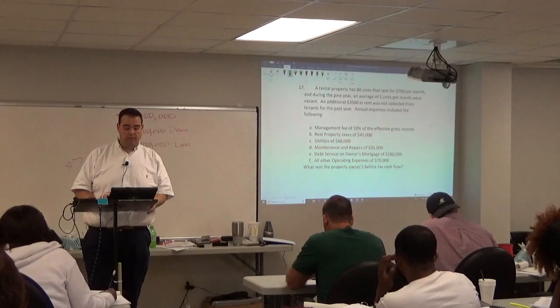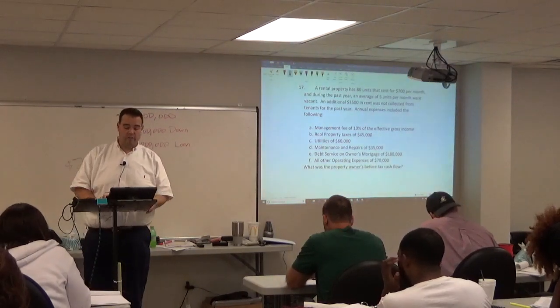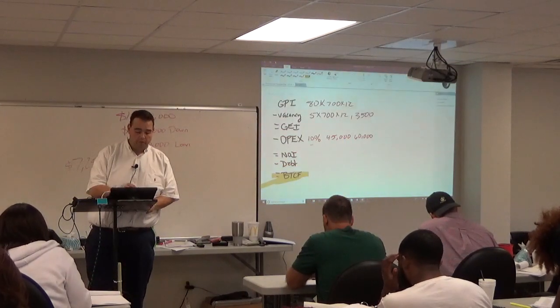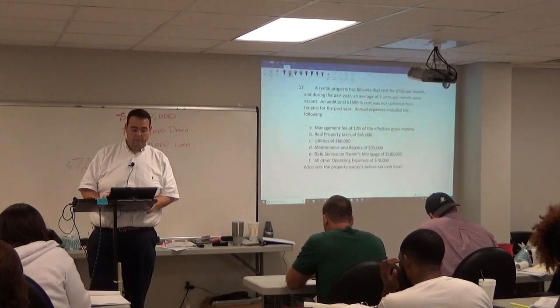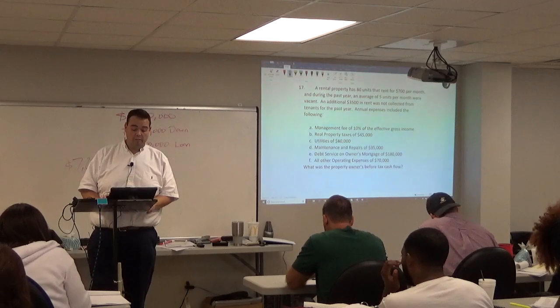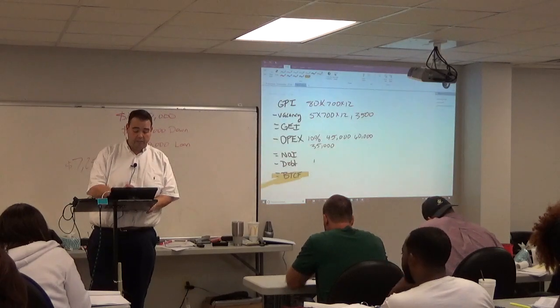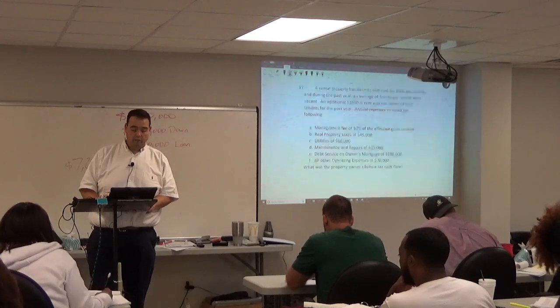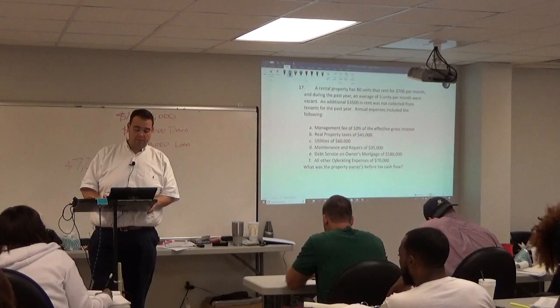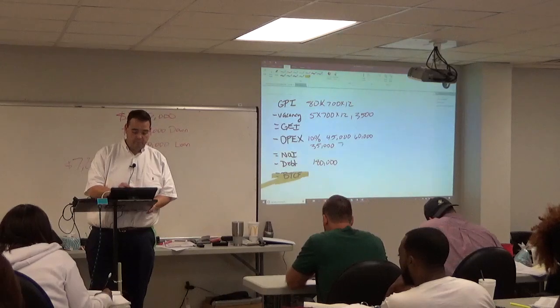How about the maintenance and repairs of $35,000? Operating expense. And then debt service of $180,000, that goes all the way down here at debt. And finally, other operating expenses of $70,000.